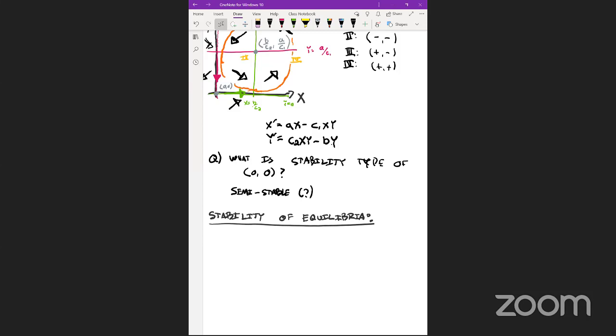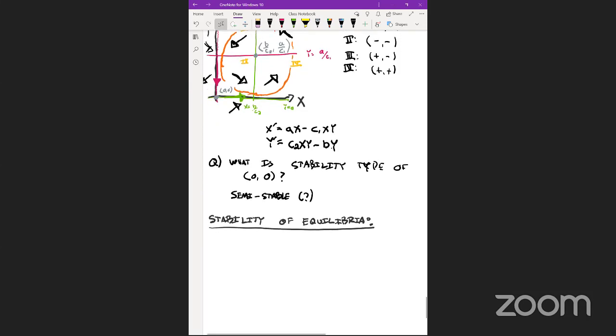So in this case, let's just figure it out. We need to find the Jacobian, and we need to compute the eigenvalues of the Jacobian. So the Jacobian in this case is going to be J of x, y, the matrix of partial derivatives.